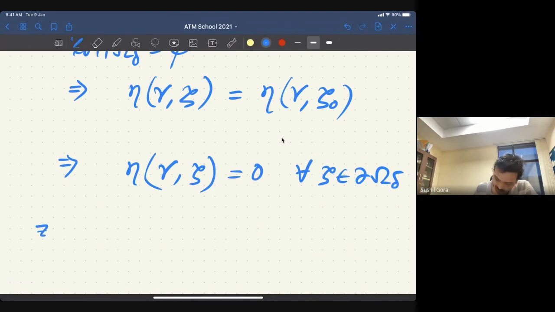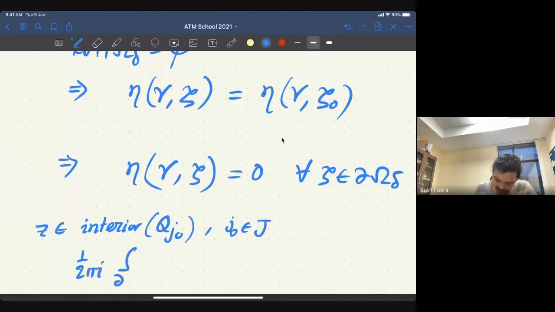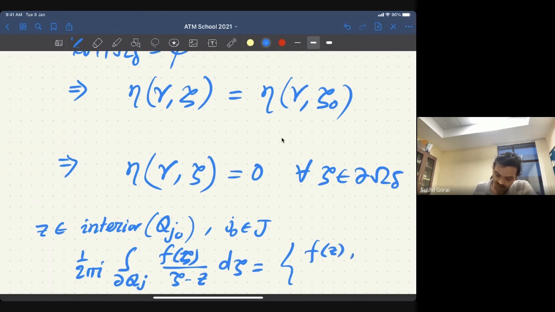So suppose z belongs to the interior of some Q j naught, where j naught lies in J. Then by Cauchy's integral formula, 1 over 2 pi i times the integral over the boundary of Qj of f(zeta) by (zeta minus z) d zeta will be f(z) if j equals j naught, else it will be 0.